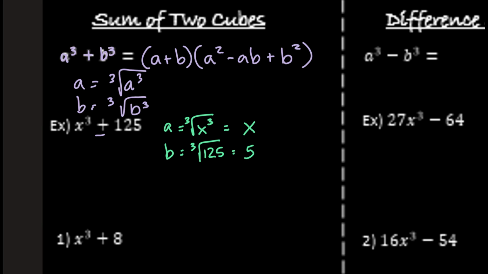Okay. So now we're going to take this a and b values and plug them into our formula. We're trying to factor this. So I'm going to plug a in first. That's what comes up in our formula first. My a value is x plus my b value, which is 5. Then it's a squared.